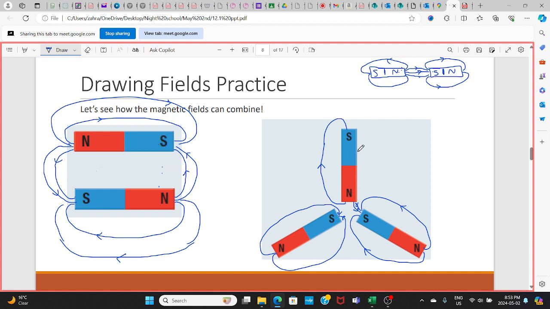And again, if I want to do this, see they are opposing charges, so they will be attracted. Few of that will be attracted.